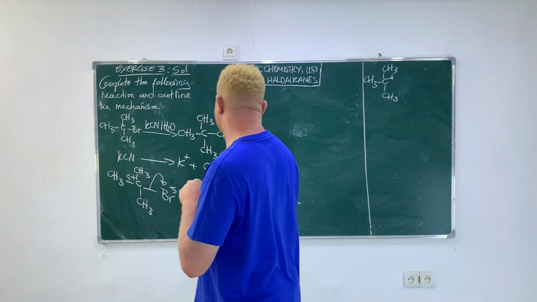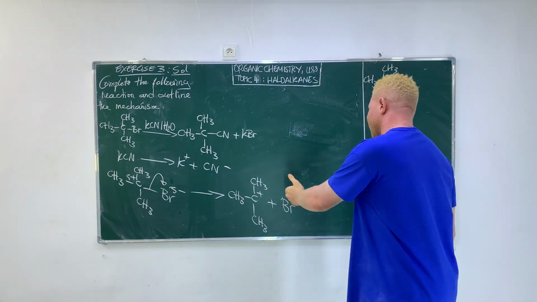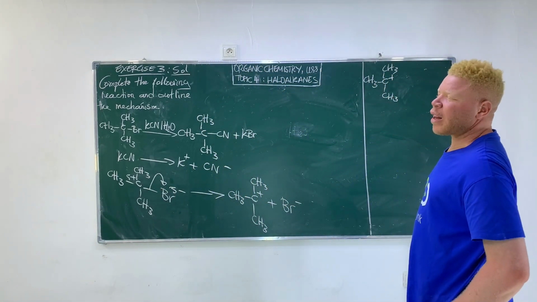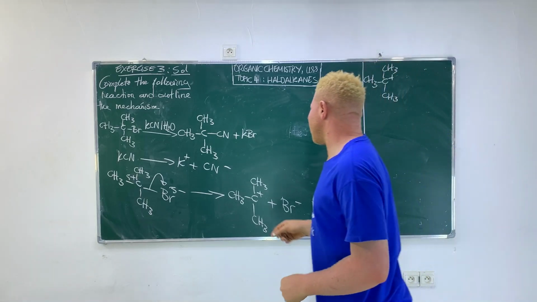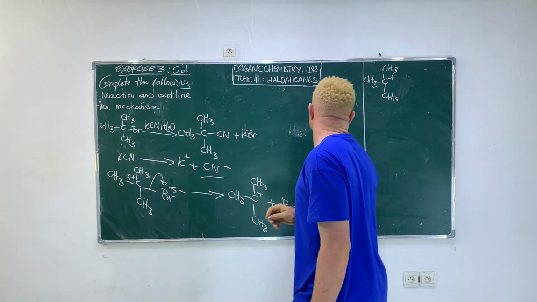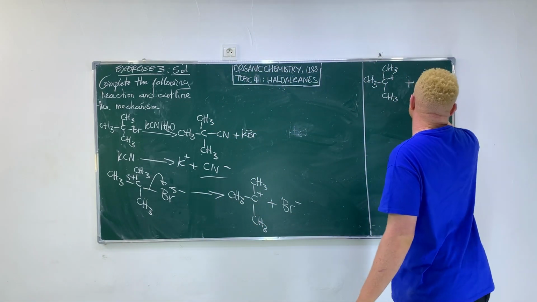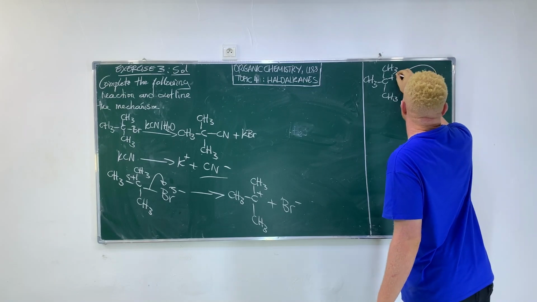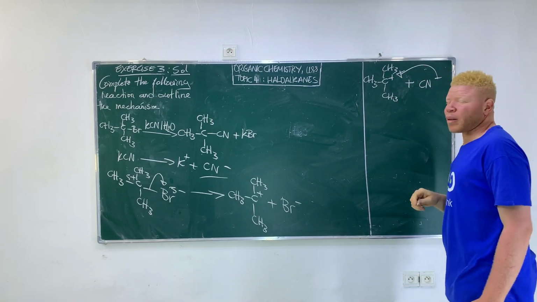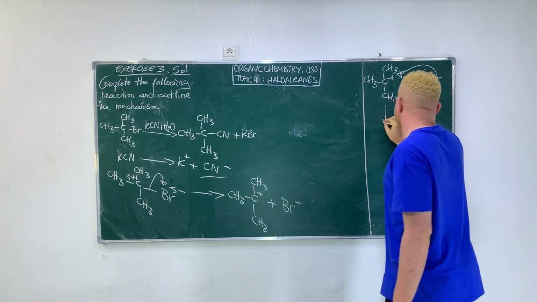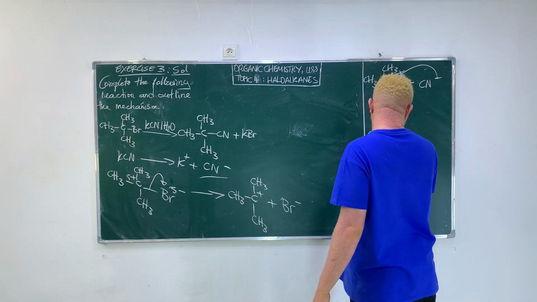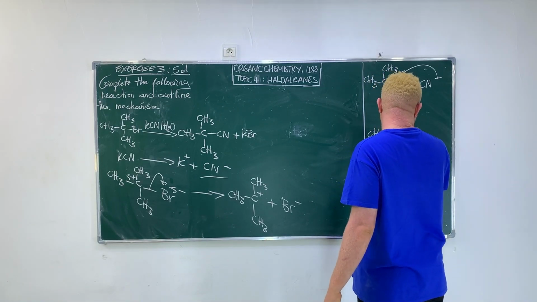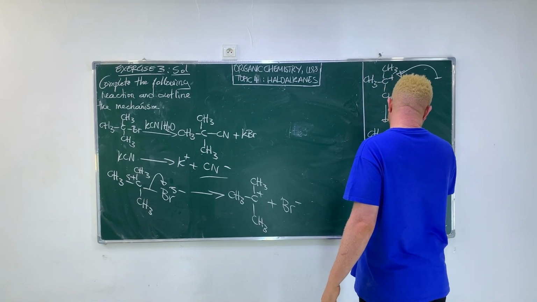Once the carbocation is formed, we come now with the nucleophile. The nucleophile is CN minus. The CN minus attacks the carbocation, giving CH3, C, CH3, CH3, CN.